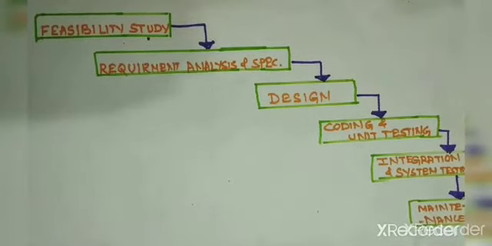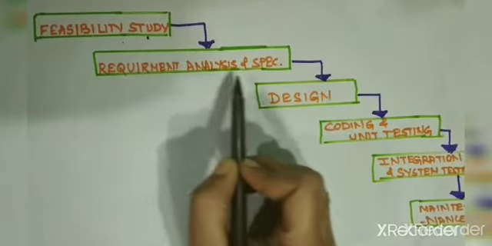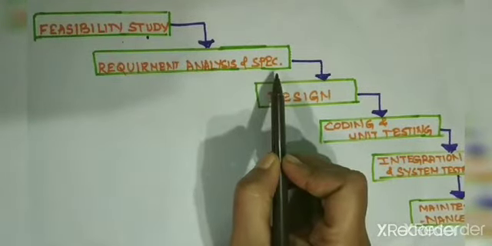In technical feasibility, it checks whether the system can run on the current computer or not. If the feasibility study is successful, then it goes to the next stage, that is requirement analysis and specification.